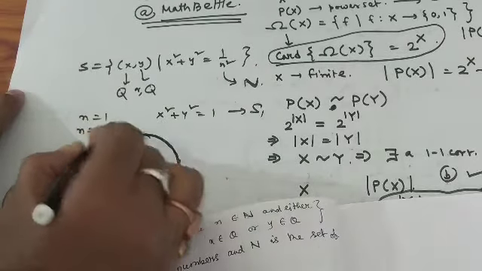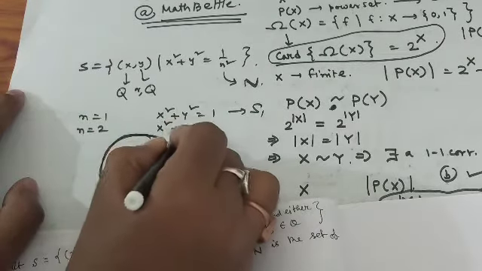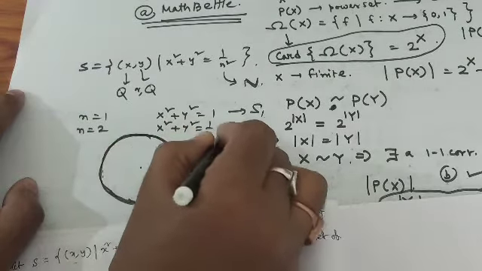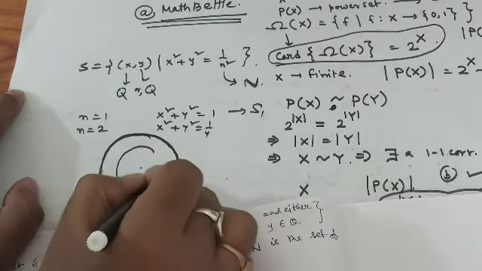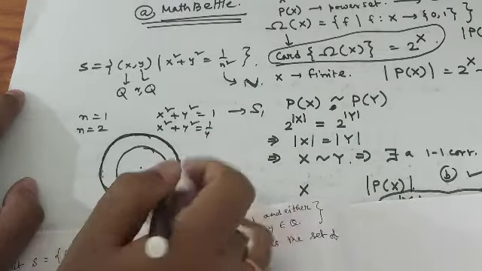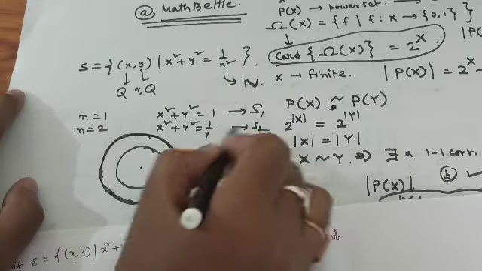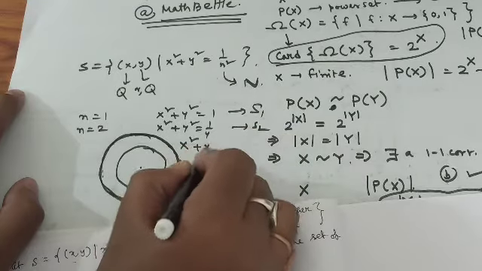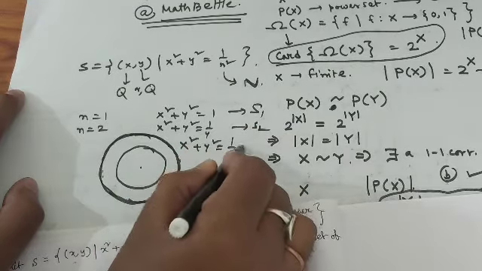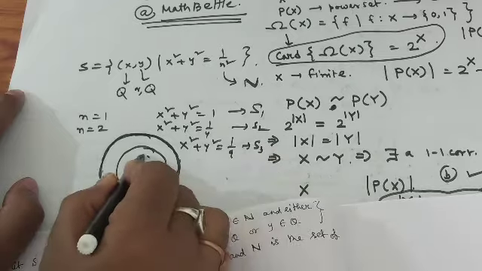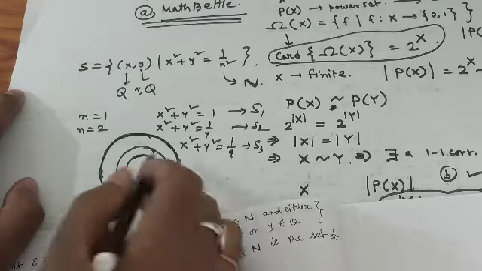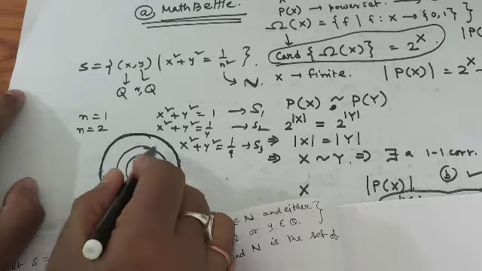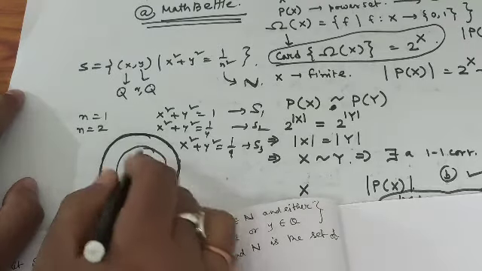If you consider n equals 2, then you will get x square plus y square as 1 by 4, and that is nothing but points on this circle. That is S2. Similarly, you will get x square plus y square as 1 by 9, that is your S3. So thus you will get these concentric circles.